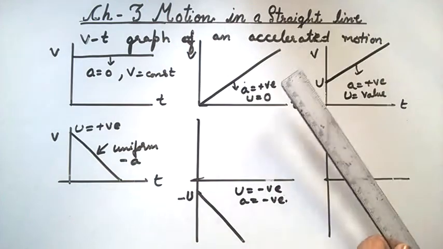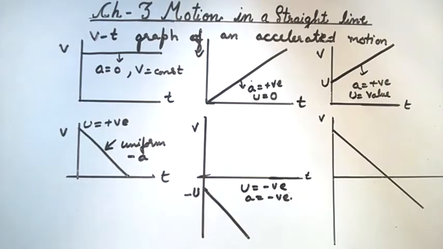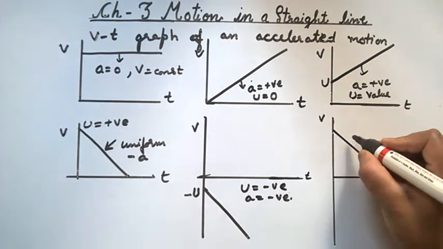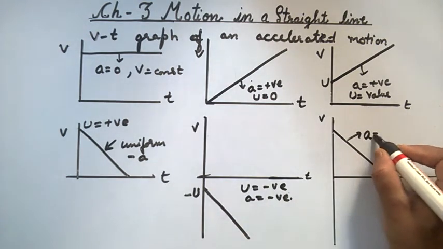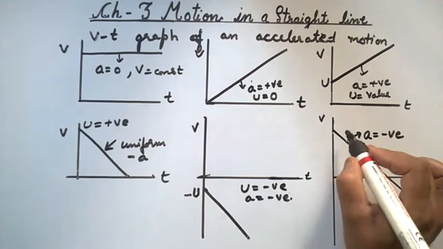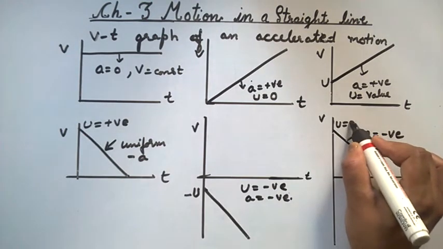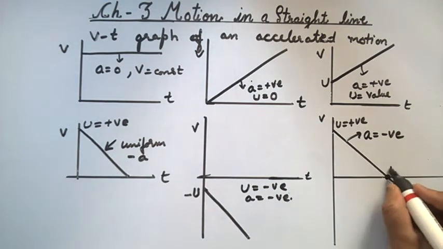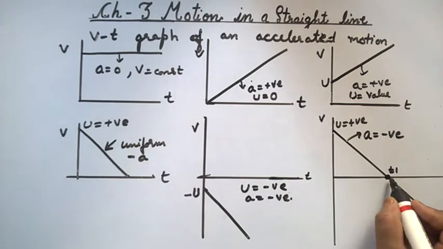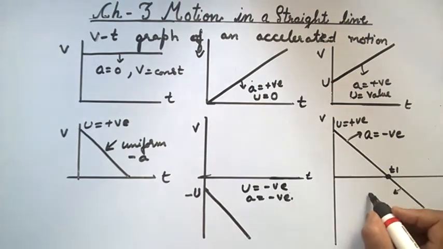And we have studied this graph also, that acceleration is negative and the body has some initial velocity. At time t1, the body changes its direction of motion.